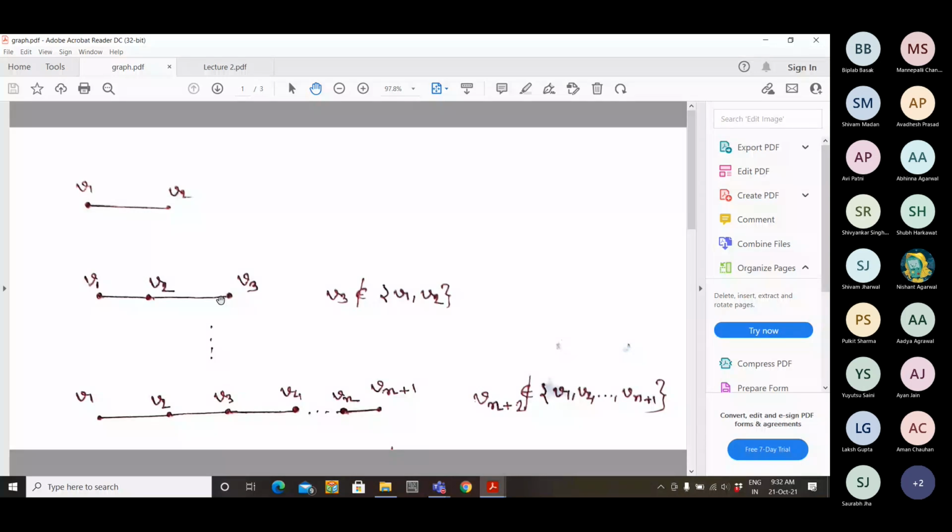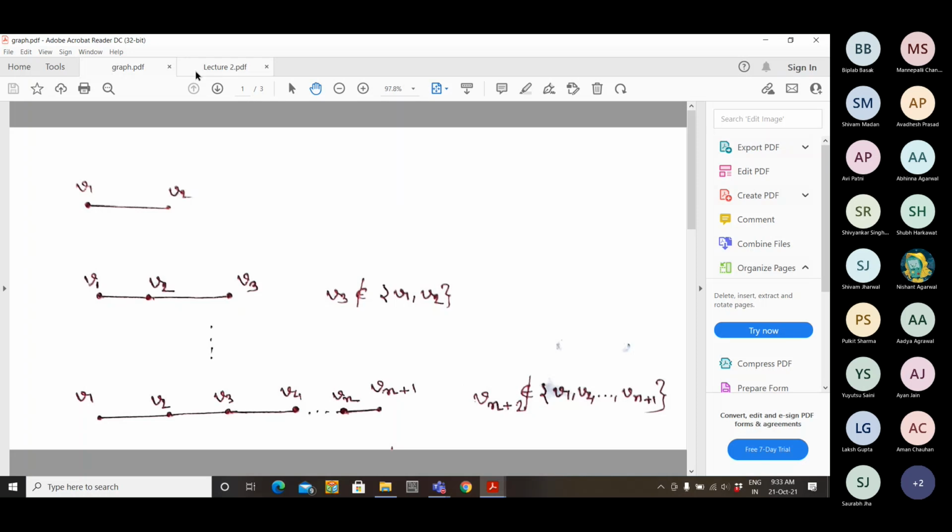Again, since the degree of V3 is at least 2, there will be another vertex, say V4, which is not V3 and V2, which may be V1, but we will see that later, such that V3 is adjacent to V4. Now if V4 is the same as V1, then we have a cycle: V1, V2, V3 and then again V1. But suppose V4 is not equal to V1.